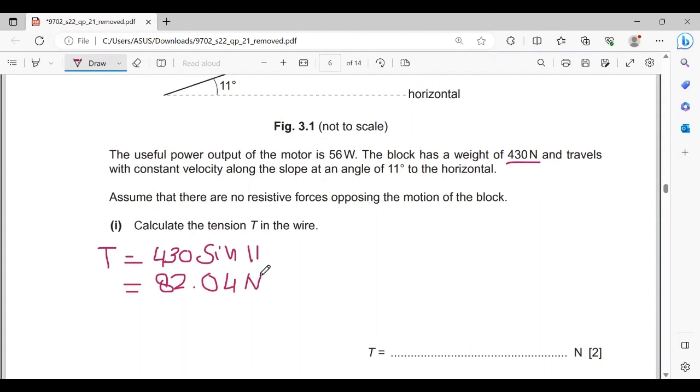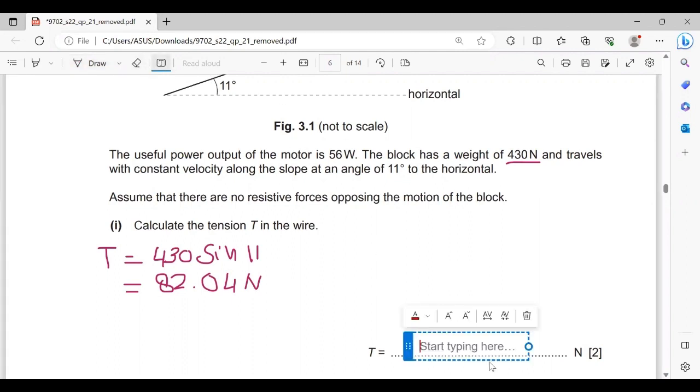That's the tension. So you may write here 82.04.